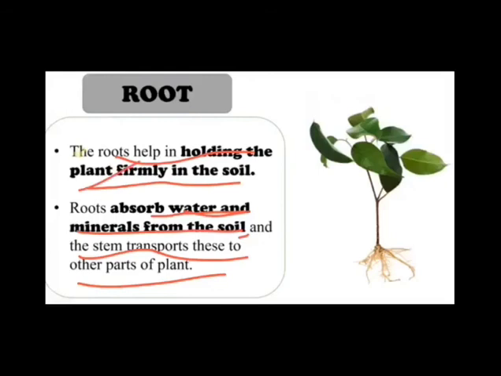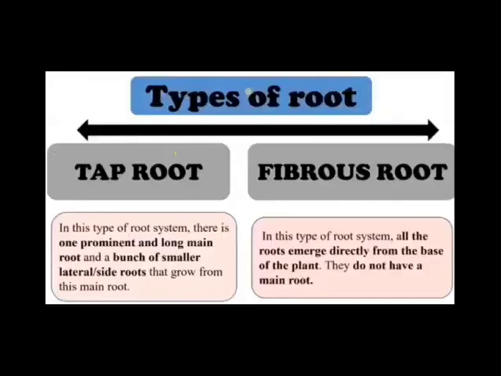So what are taproots? In this type of root system, there is one prominent and long main root and a bunch of smaller lateral side roots that grow from this main root. So this is taproot.